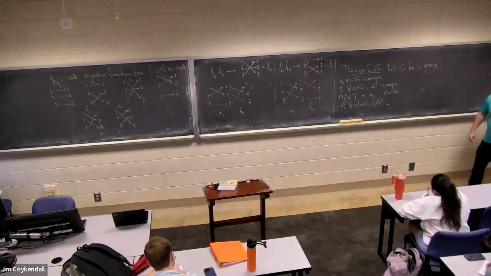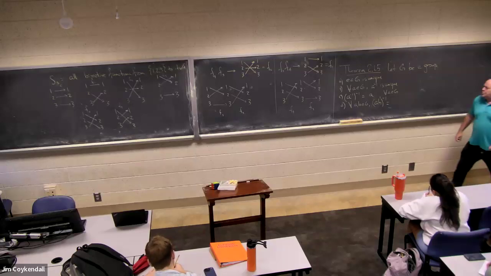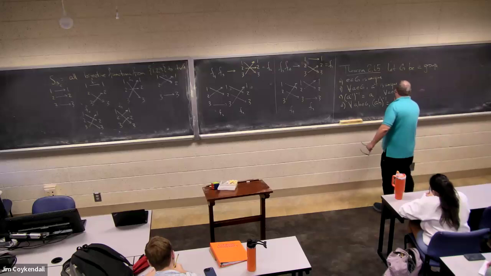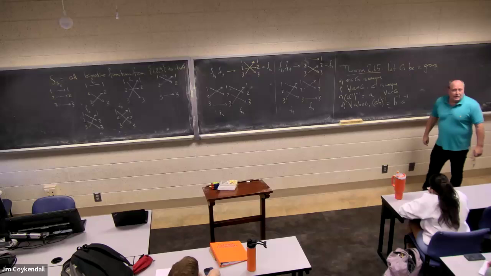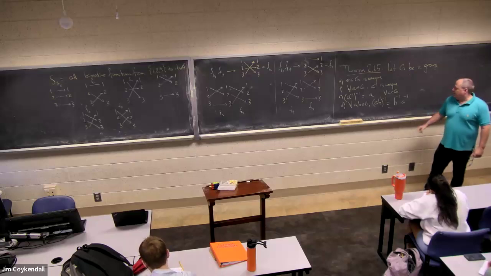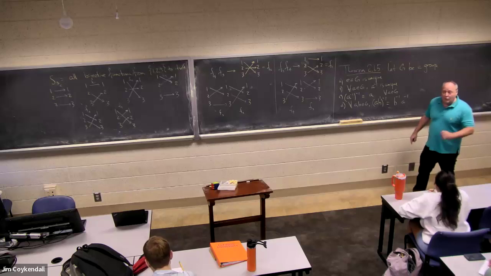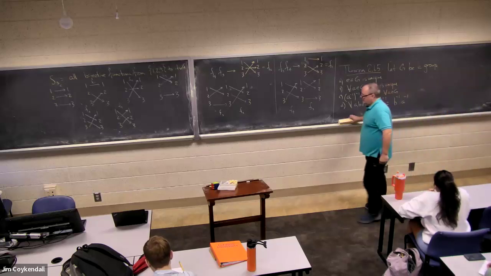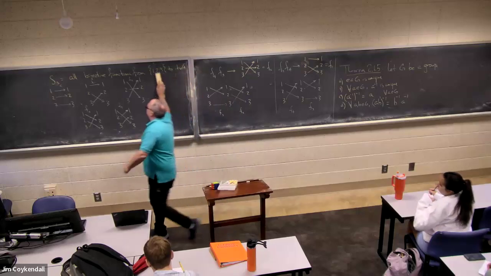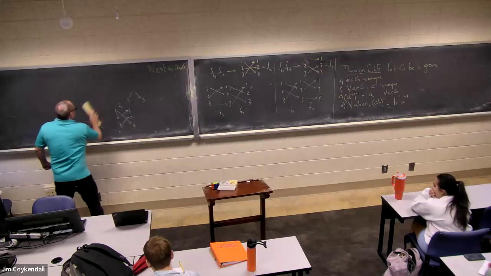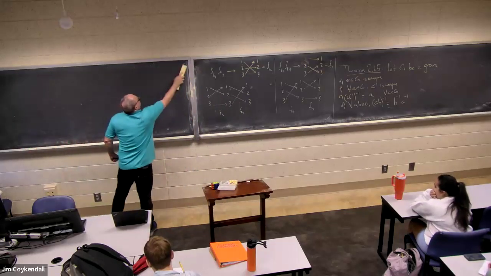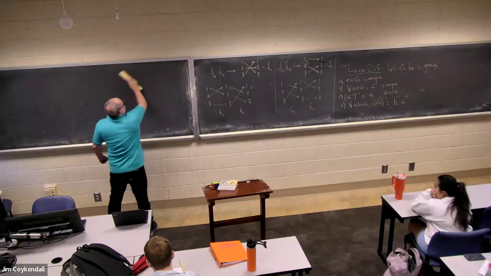Be careful. Good. You probably saw something like this in linear algebra, where the order is reversed. You've got to be super careful. It's very tempting to write A inverse B inverse, and that only holds if G is an abelian group, or you're in the trivial group.